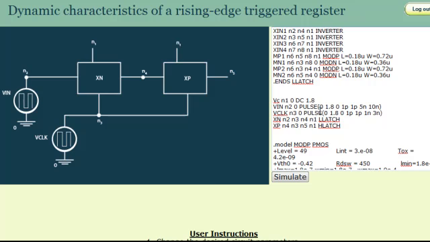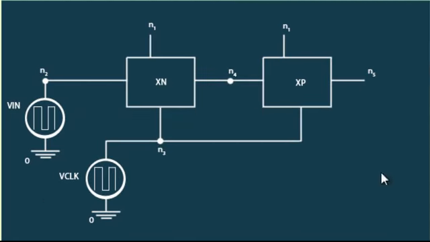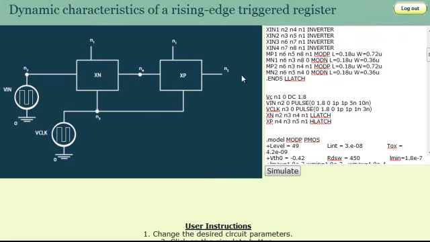The various parameters of these sources are defined such that the frequency of the clock is high compared to that of the input signal. The figure shows how the voltage sources and two modules Xn and Xp, which represent active low latch and active high latch respectively, are connected to form the rising edge triggered register.